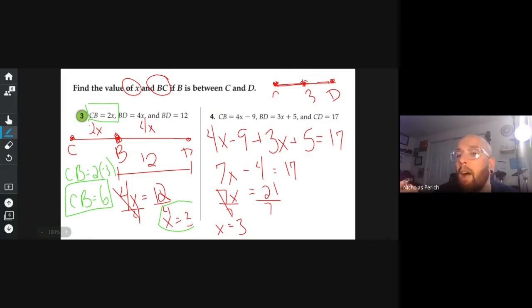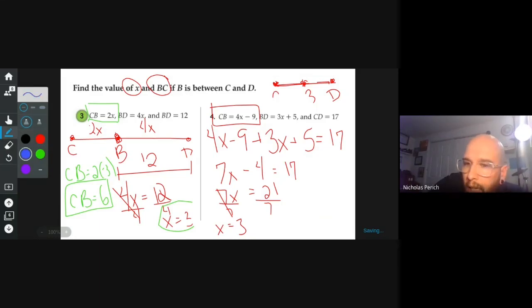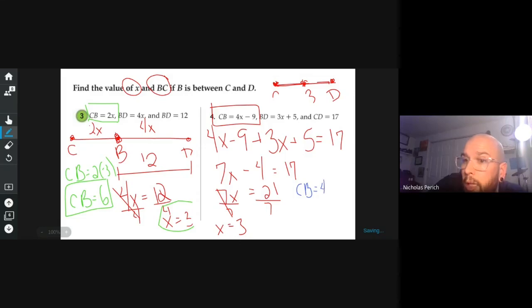Now when I want to find out CB, I take the fact that CB is 4x minus 9. So CB is 4 times 3 minus 9, which is 12 minus 9, which is 3.